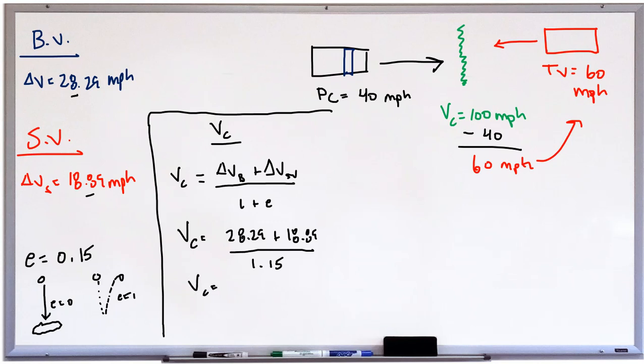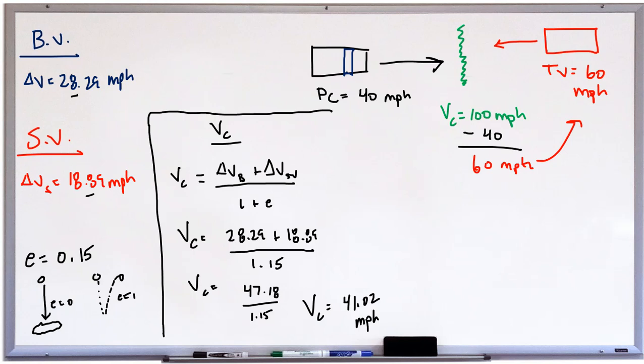So 28.29 plus 18.89 is going to be 47.18, divided by 1.15. So we're going to wind up with a closing velocity of 41.02 miles per hour for this crash.